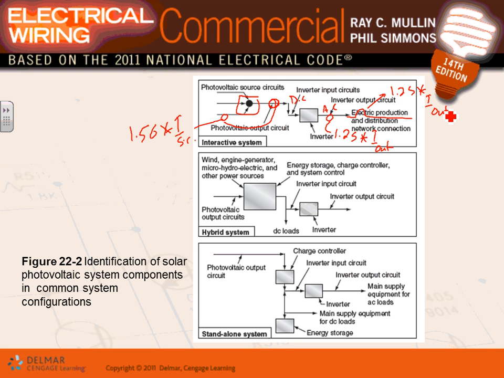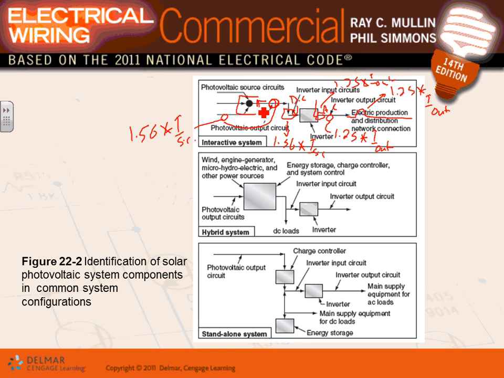Now, Karen, they also have DC disconnects here. There's a DC disconnect and also AC disconnect. The same thing, guys, the disconnect 1.25 times I out. And for this particular one, 1.56 times I short circuit of the whole system, of the whole modules.